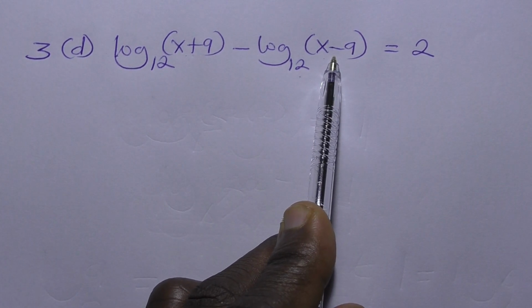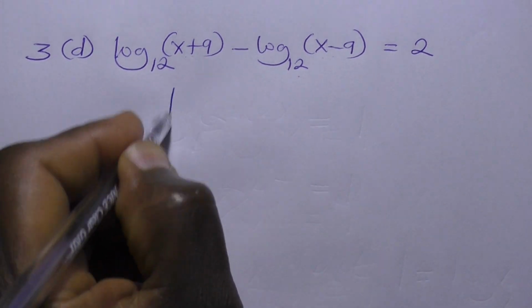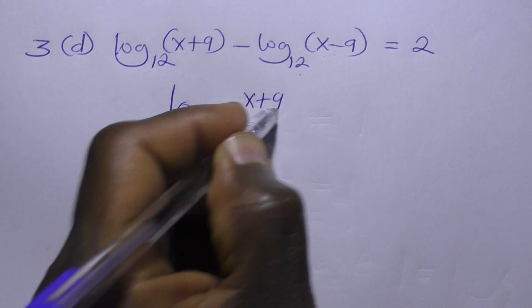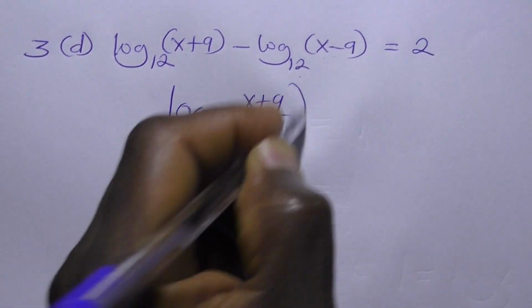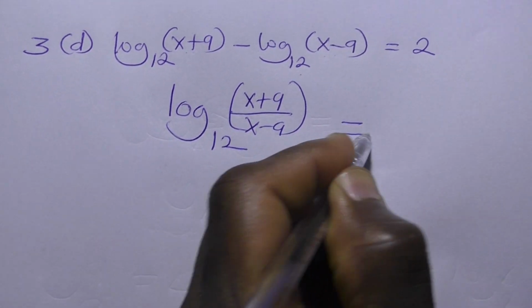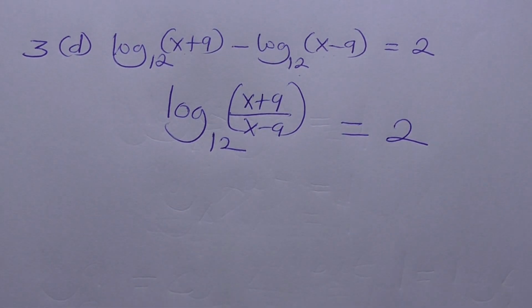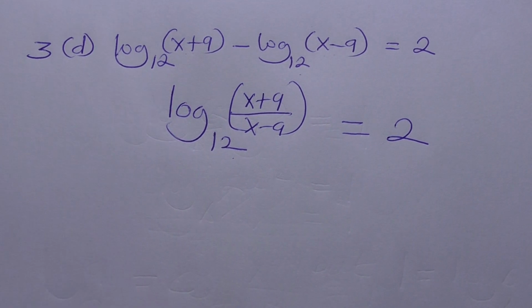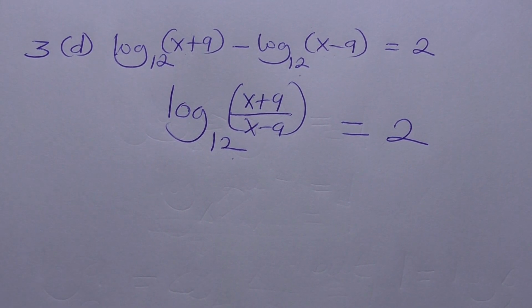That is very important. Therefore, we shall have log 12 of x plus 9 over x minus 9 equaling 2. And still this one is in the same format, just like part C, whereby this time around I'm not using both ways, I'll use one.